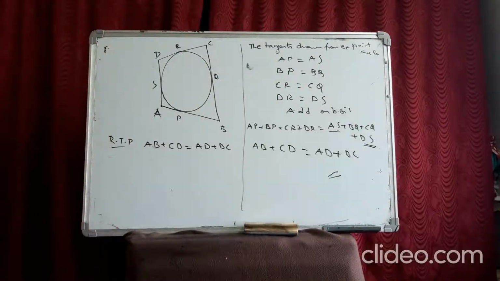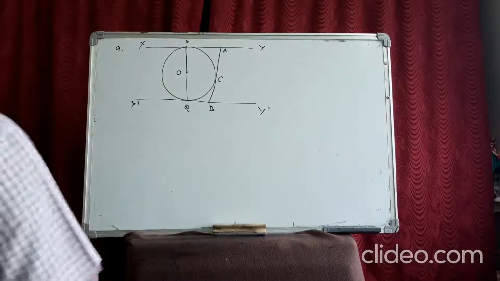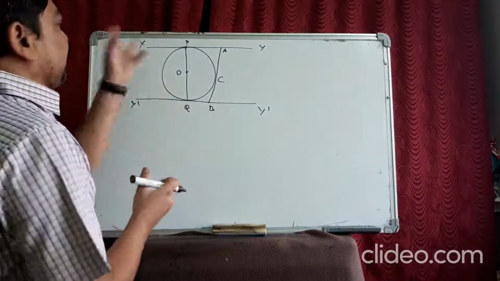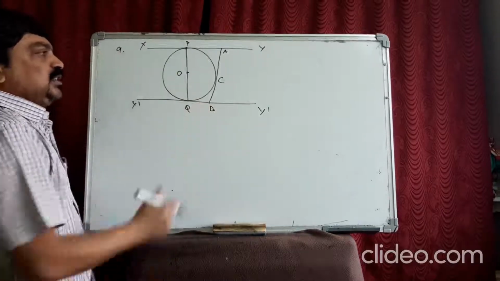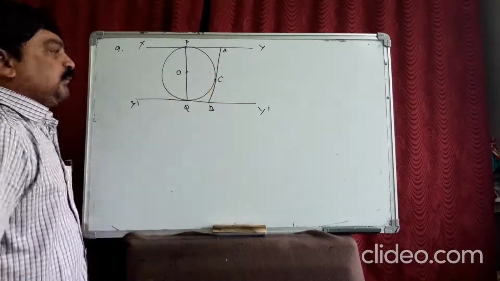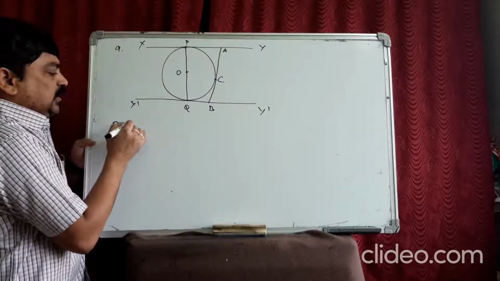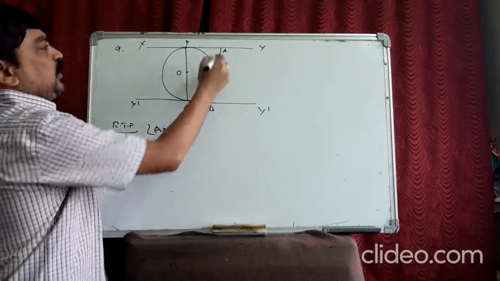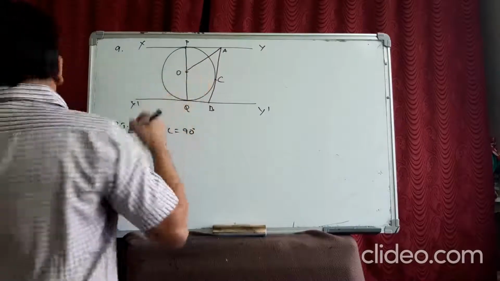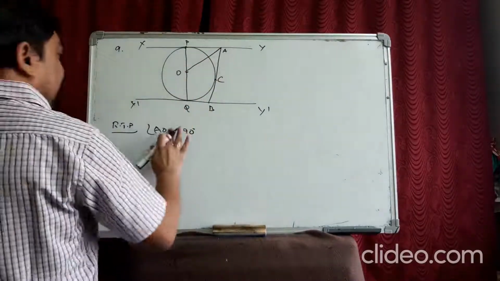Okay? See, in the 9th question, they have given a figure like this. XY and X dash Y dash are the tangents. And AB is also a tangent, meeting where the point of contact is at C. And we have to prove that RTP angle AOB is equal to 90.